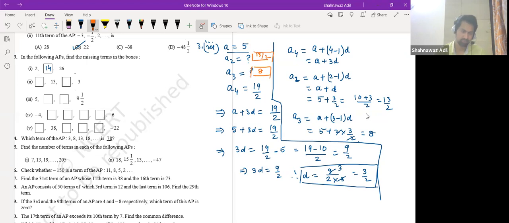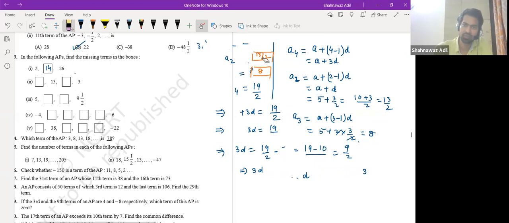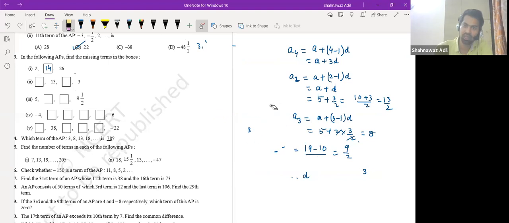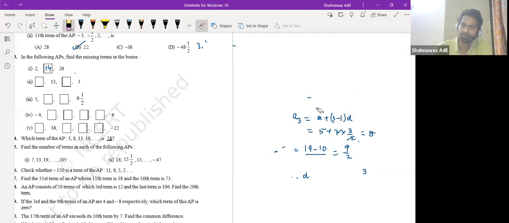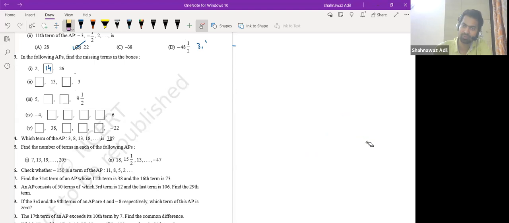I finished. Okay, so the next question is a similar kind of question, and you please do that. So third and fourth question, right? What is given? A is given, which is minus 4.